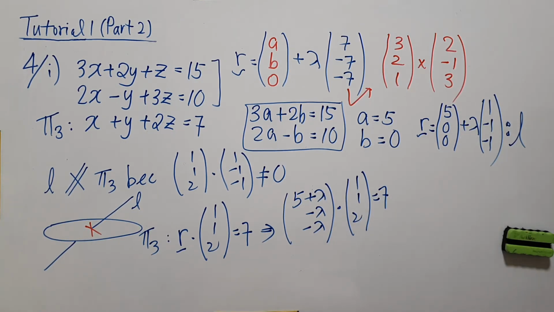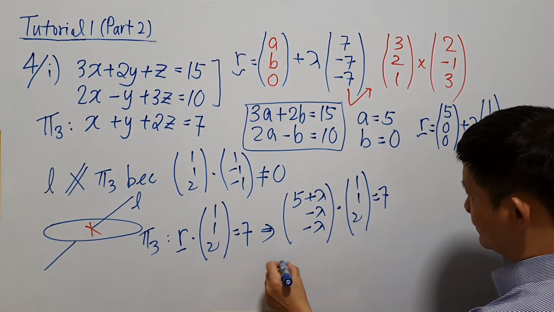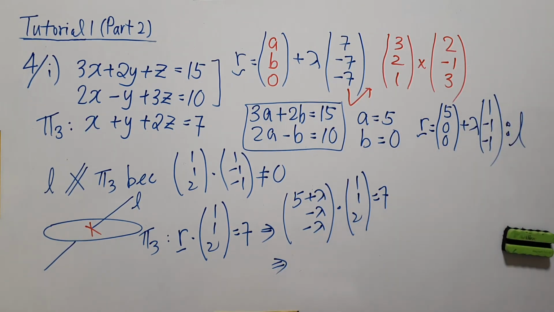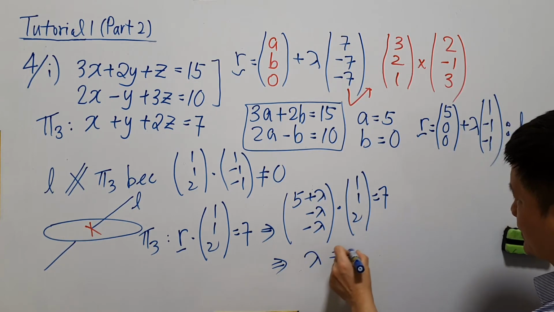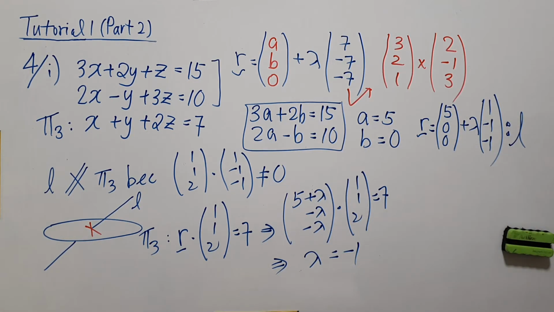Upon doing so, let's see again. Okay, 5, 2, 5 is 2, so lambda is supposed to be minus 1. You check my calculation, I really do it on the spot. Let me check again whether I'm right. Okay, minus 2, this is plus 2. So my lambda is minus 2.